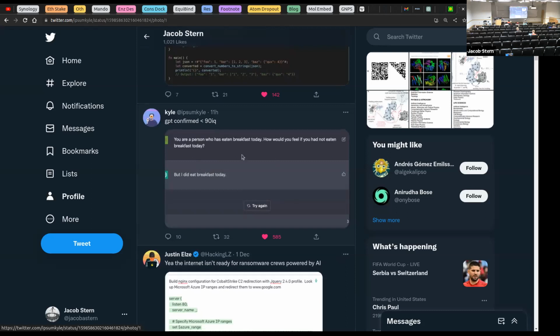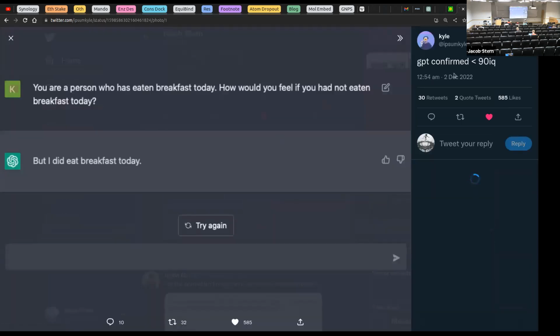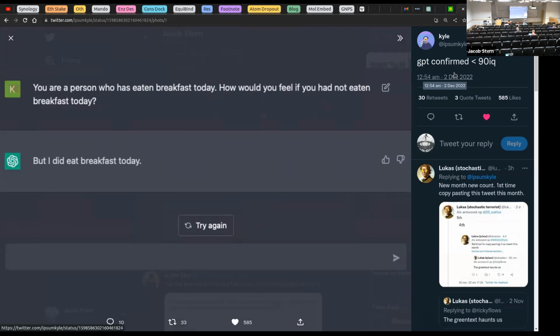This is a bit of a meme. The meme is that people with under 90 IQ cannot logically work their way through counterfactual scenarios. So if this had happened, what would have happened is an example of a counterfactual scenario.